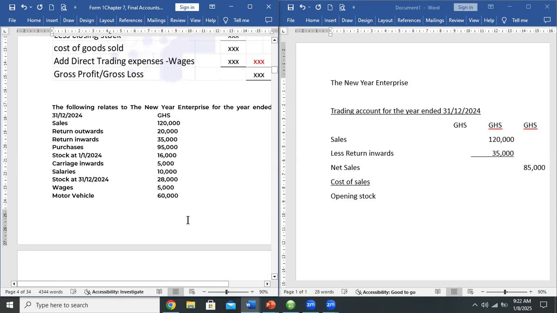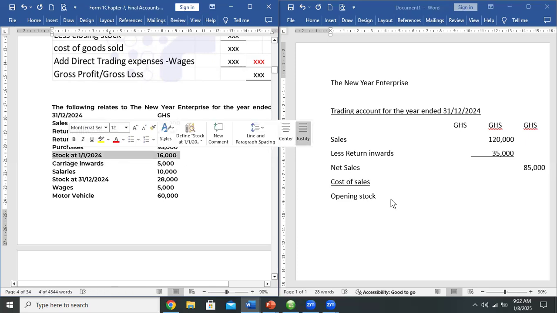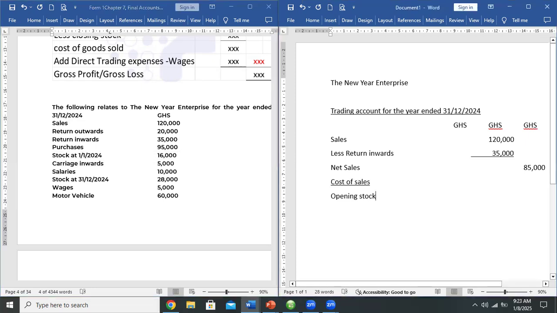Which amount is our opening stock? Yes. Oh, whoever is ready can unmute and tell us. Opening stock is 16,000. Okay, so opening stock is 16,000. I want to believe the date will guide you, right? Opening stock, 1st January. So that's 16,000.